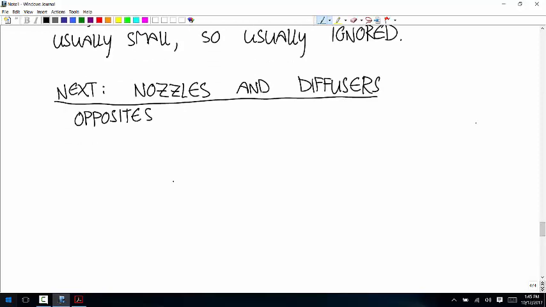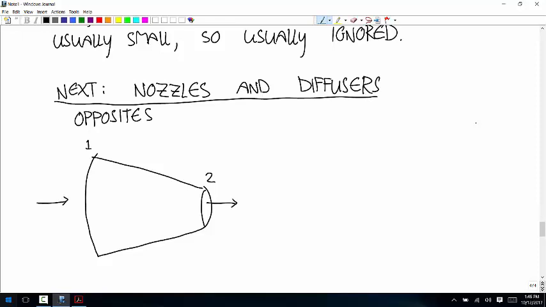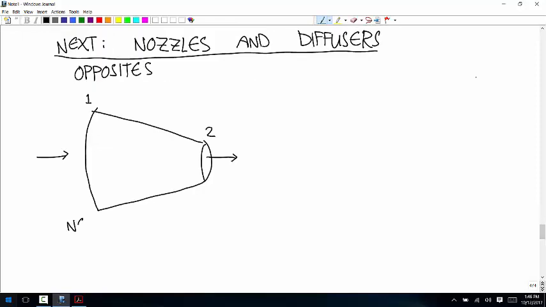So a nozzle is like a hose nozzle that you use to spray the water farther. If this is 1 and this is 2, the material is going through this way. So this is a nozzle, and in a nozzle, the speed is higher at location 2 than location 1.